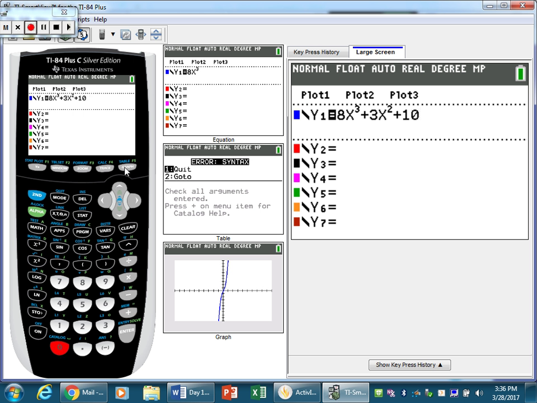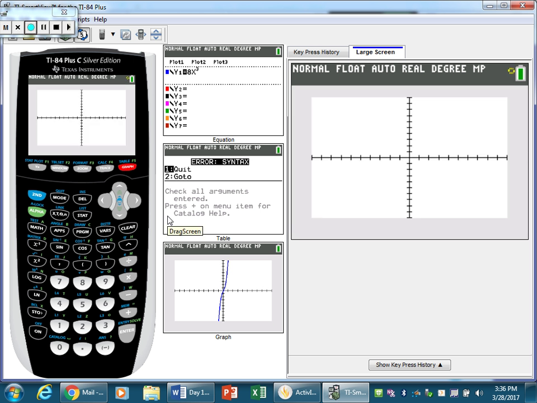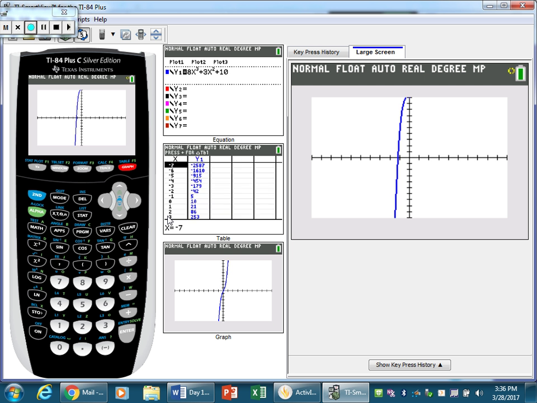Then I'm going to hit graph. Okay, so again, this is all that we can see, which is fine because that's all there is. This is how many times it crosses the x-axis. Crosses it one time. Now, do I know what that answer is? No, so I need to solve for it.